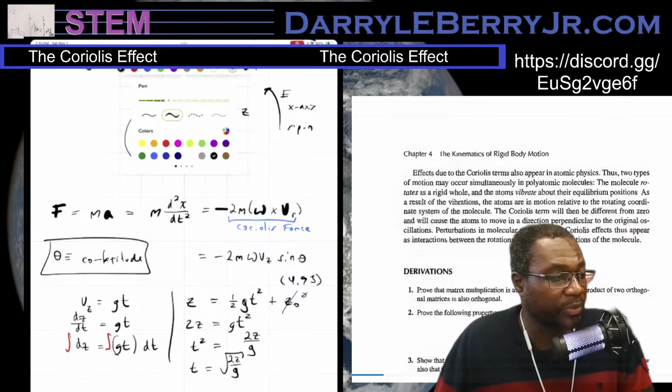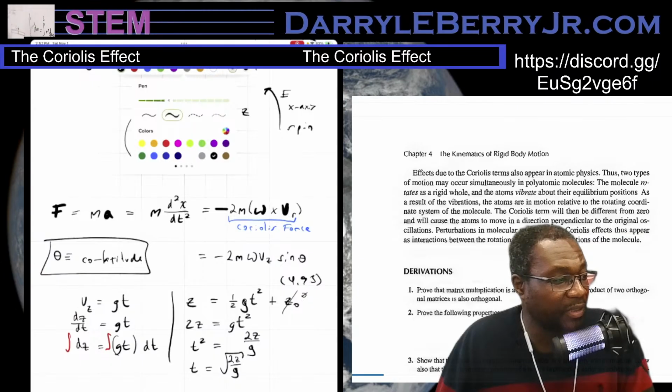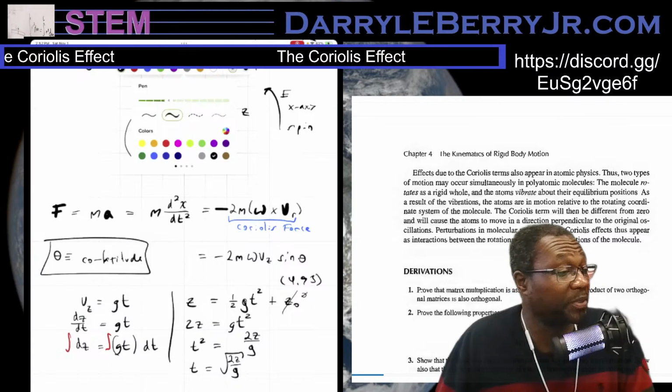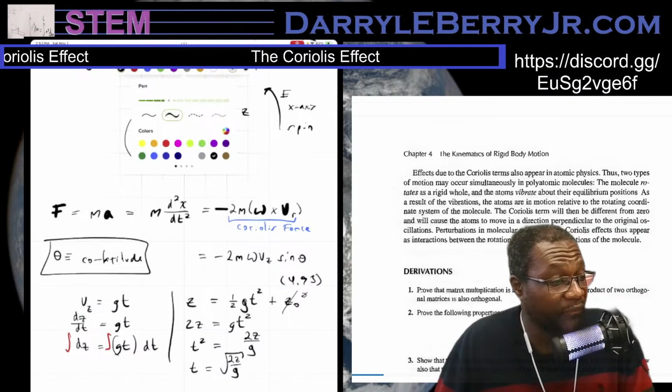The Coriolis term will then be different from 0 and will cause the atom to move in a direction perpendicular to the original oscillation. Perturbations in molecular spectra due to Coriolis effects thus appear as interactions between the rotational and vibrational motions of the molecule.